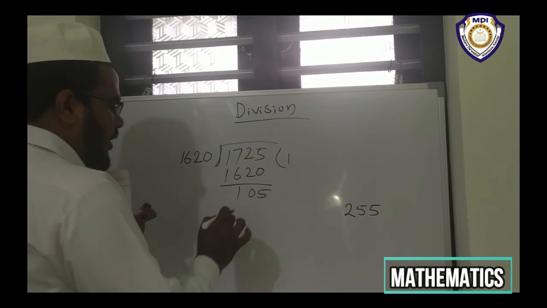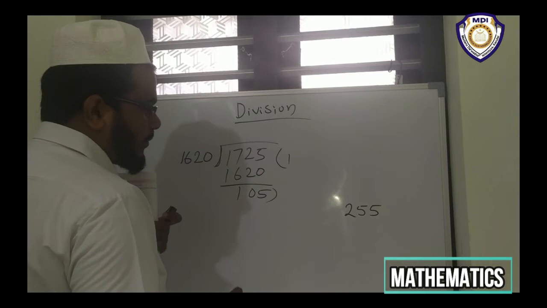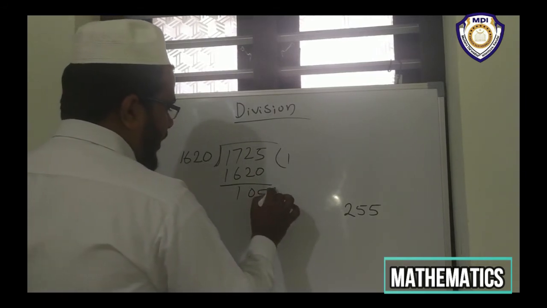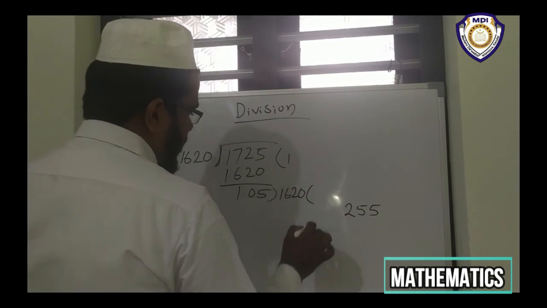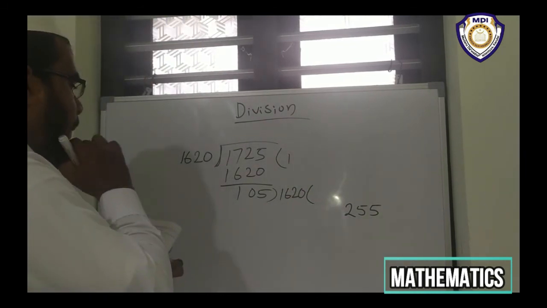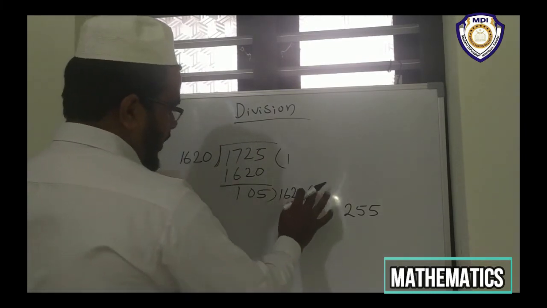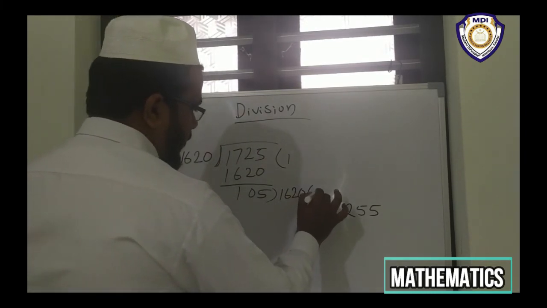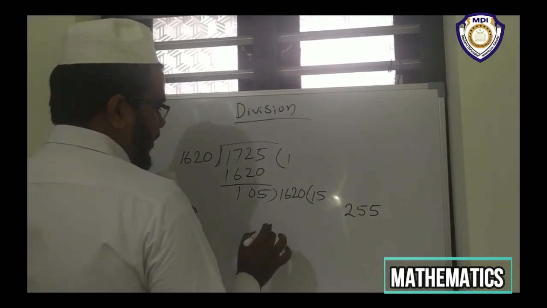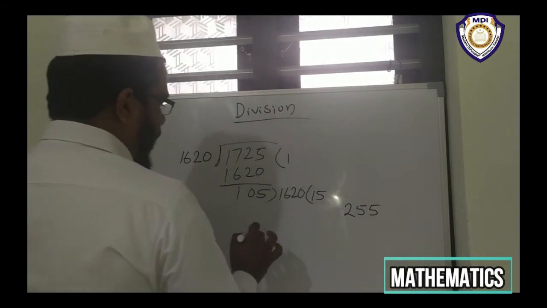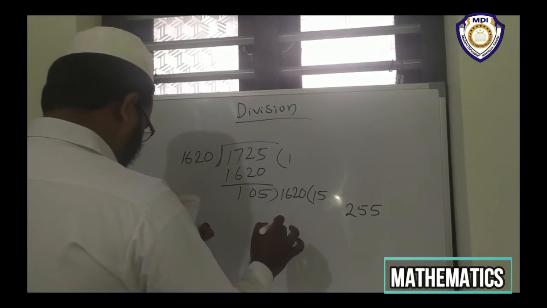After that, it becomes the divisor and the previous divisor becomes the dividend. How many 105 are there in 1620? 15. Then we have to multiply.